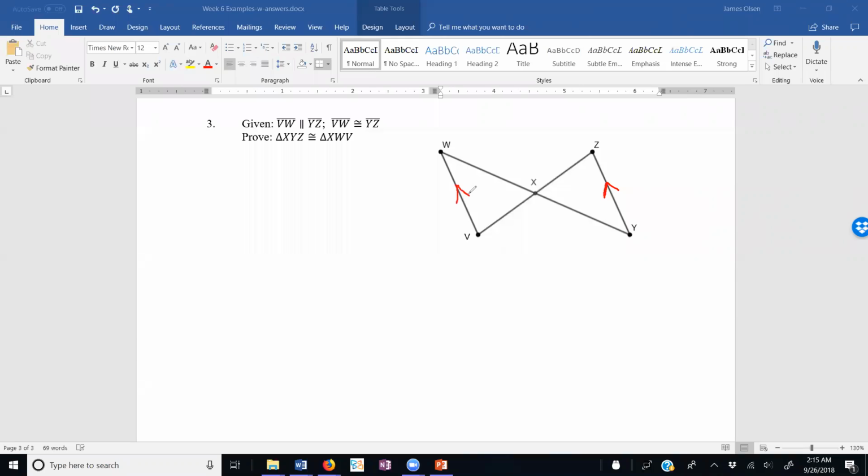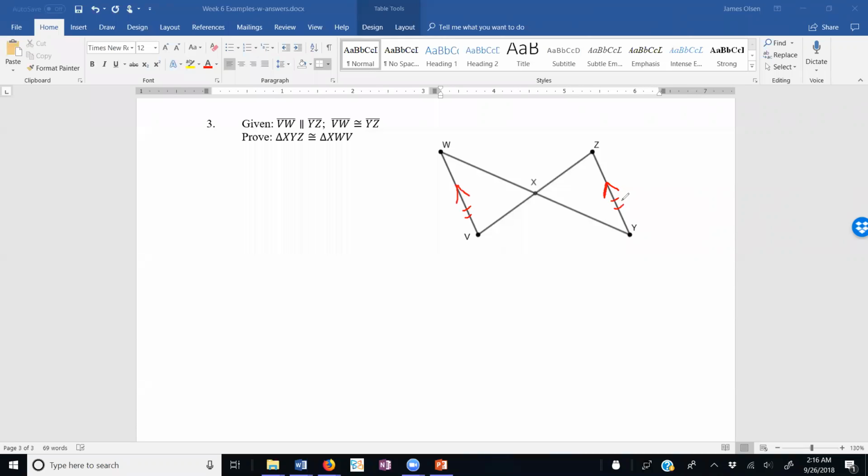We also have segment VW congruent to segment YZ. So not only are they parallel, they're also congruent. And we're trying to prove these two triangles are congruent triangles.